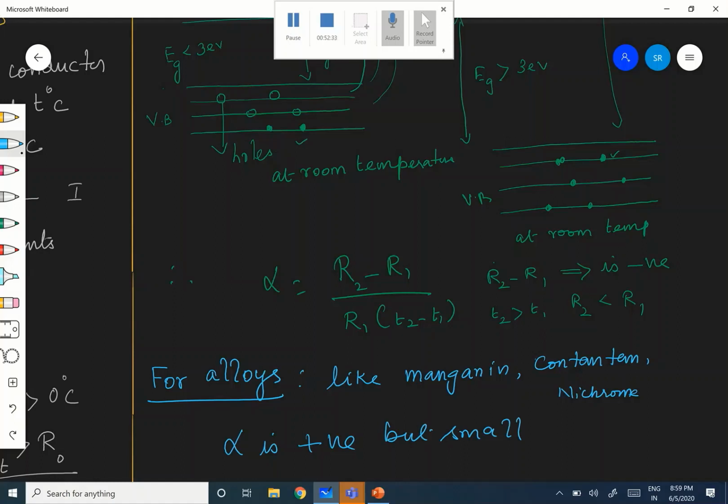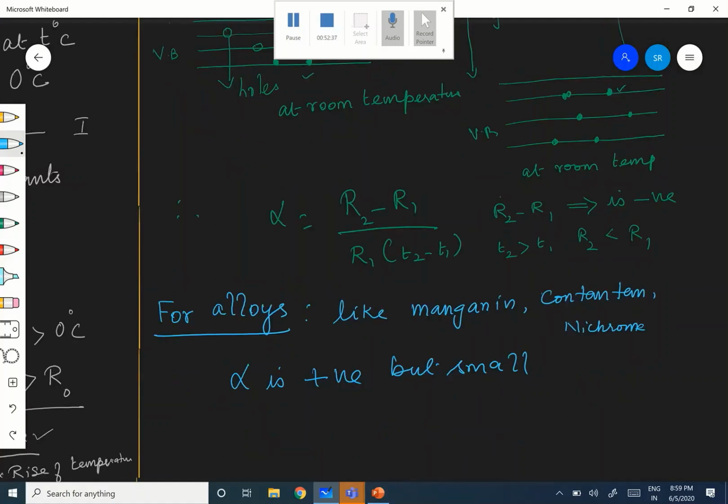But small, what do you mean by this? As you increase the temperature, resistance is increasing, but the increase in resistance is very small. Alpha is equal to (R2 minus R1) by R1 into (T2 minus T1).